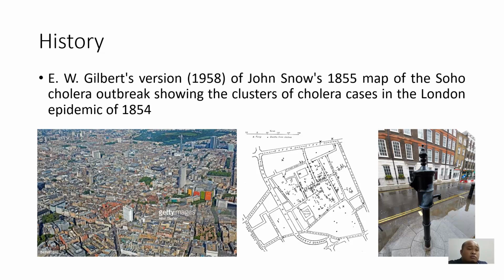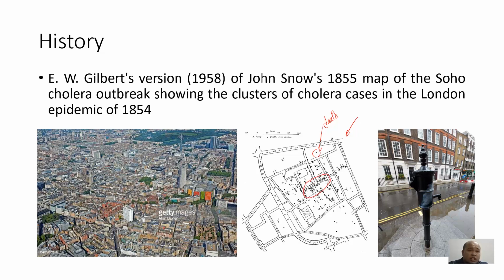The middle here is the map of the cholera outbreak in Soho. As you can see here, the dotted marks mean the deaths due to cholera.